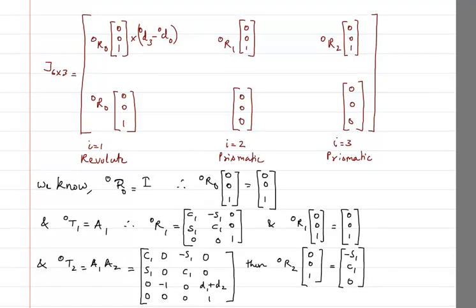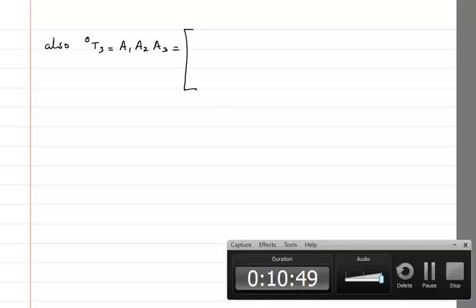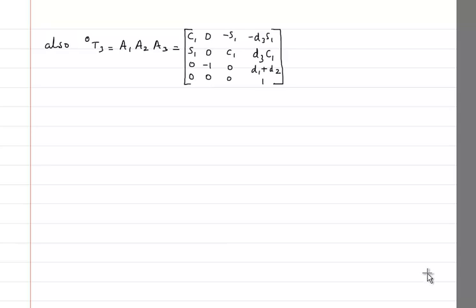So I will have to first find out 0t3, which is a1 into a2 into a3, will be given by this, and then from here we can get 0d3, which is the last.